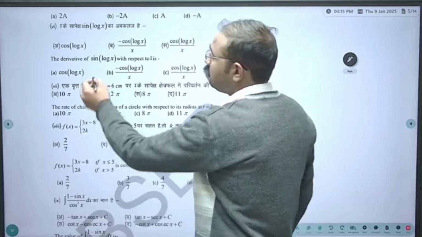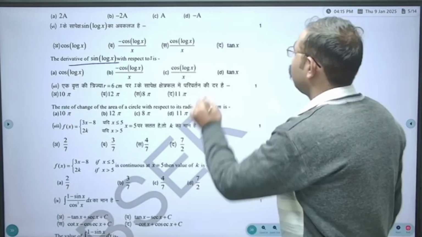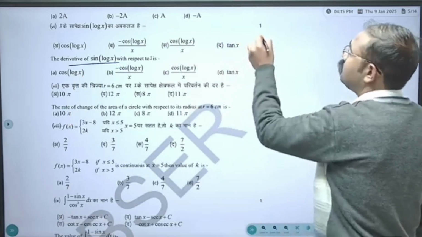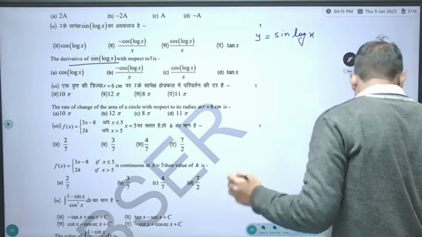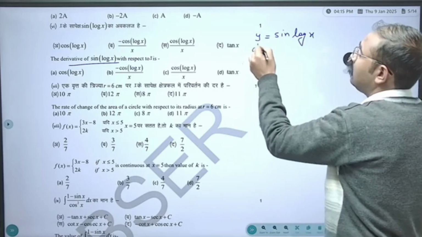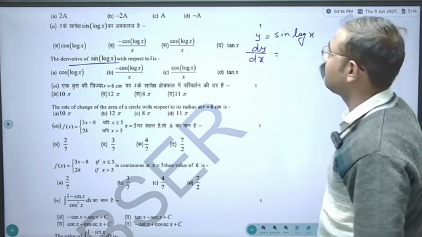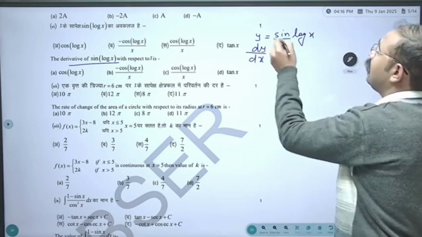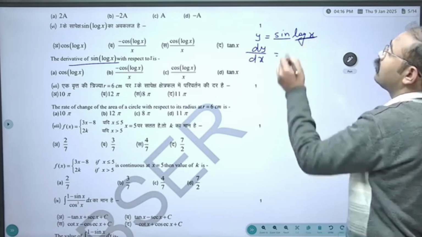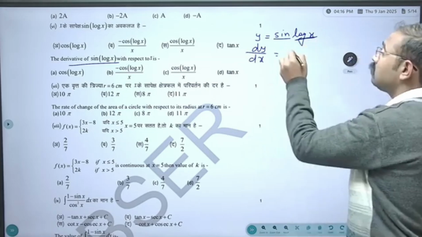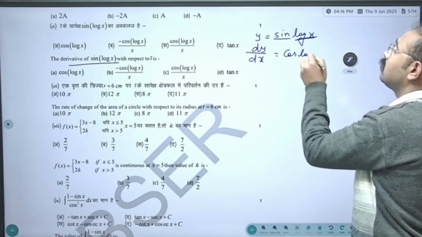Now next question is the derivative of sin log x with respect to x. Let our function is y is equals to sin log x, and its derivative will be dy by dx is equals to, now sin, and at the place of x we have log x, derivative of sin x is cos, and at the place of x, log x.